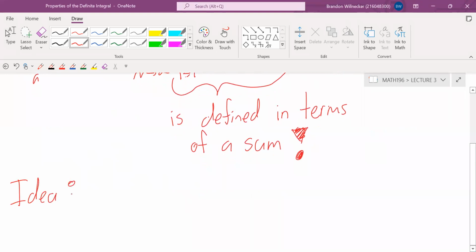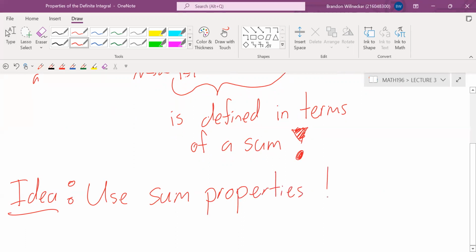So the idea, with a bit of a complication on the side because it's an infinite sum, is to use summation properties to come up with integral properties.